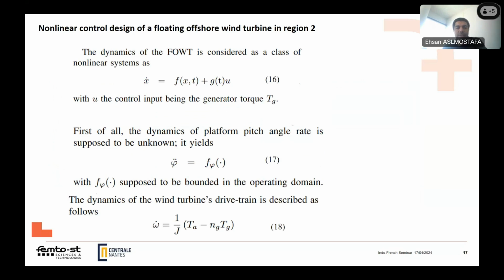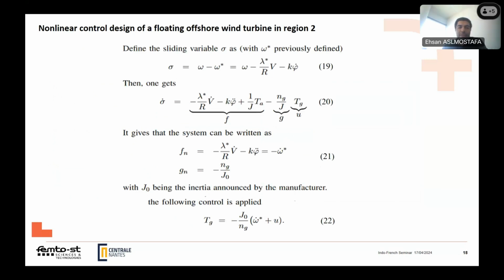If we take the system as equation 16, the platform pitch angle rate as equation 17, and the drive train system as equation 18, and we take the sliding variable as equation 19, we can see that our generator torque is obtained like this, in which J0 is the inertia, which is announced by the manufacturer, and NG is our gearbox ratio.